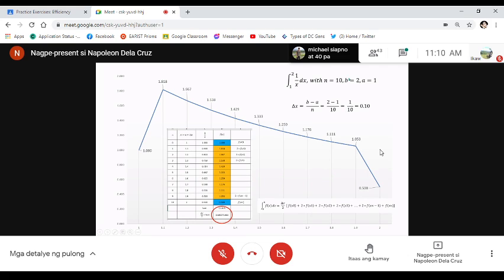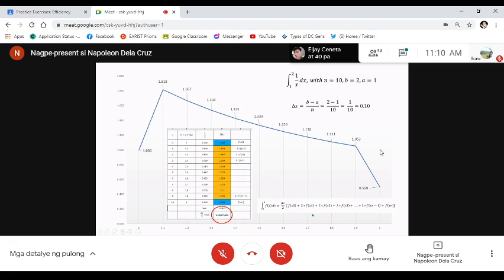Kaya meron ngang n is equal to 10. Kaya 10 trapezoid yan. Compute natin isa-isa at sinum up natin and we come up with this value.